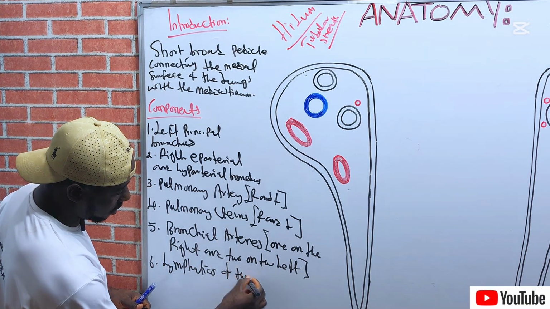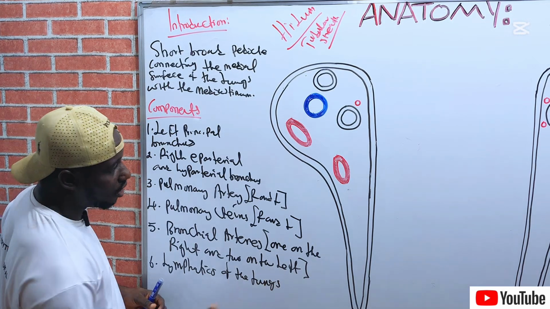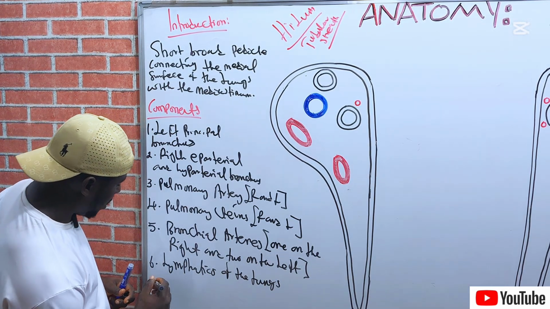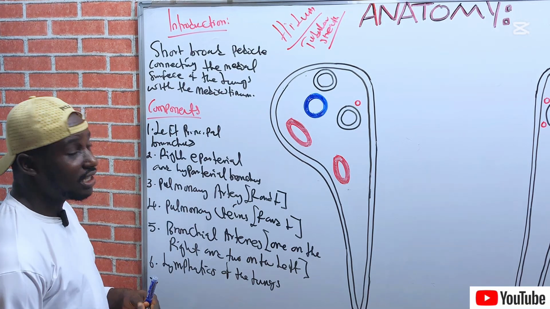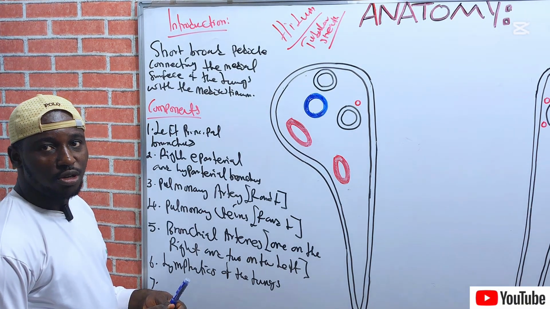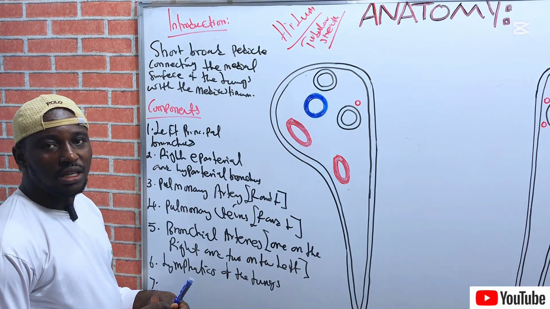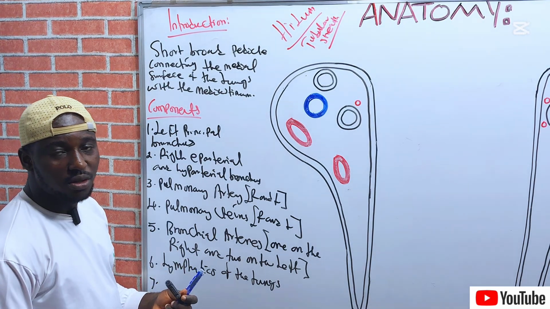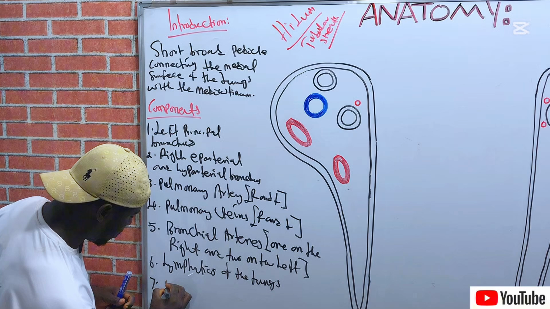The number seven is the anterior and posterior pulmonary nerve plexus, or anterior and posterior pulmonary plexus of nerves.